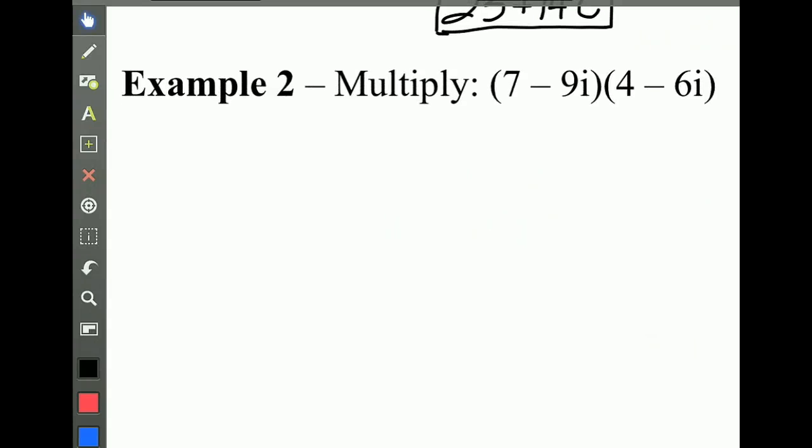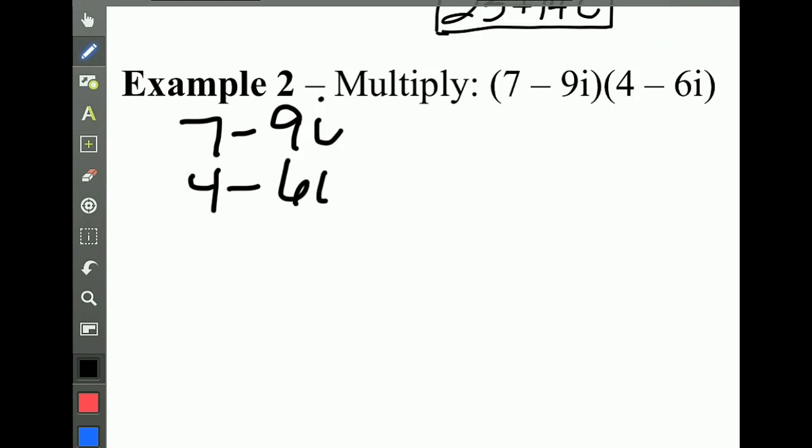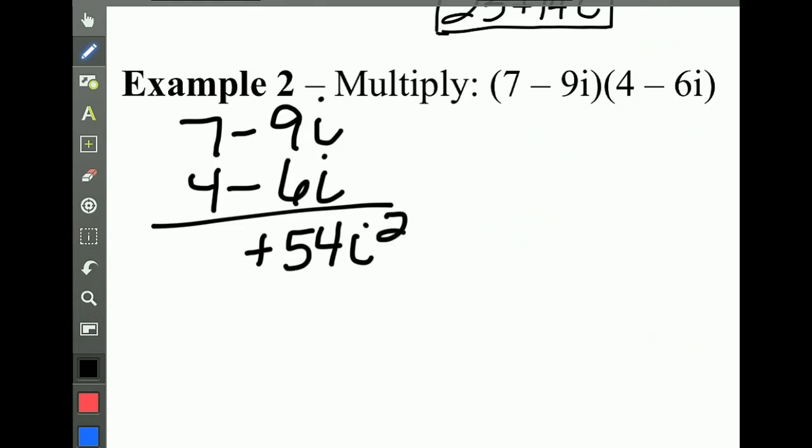Okay, so I'm going to check this both ways. I'm going to do vertical first, 7 minus 9i, and 4 minus 6i. So I would get 54i squared. When I change that, it's going to change this whole thing to a -54. I want you to see where that comes from: that i squared here is going to change this number to the opposite of what it is now.